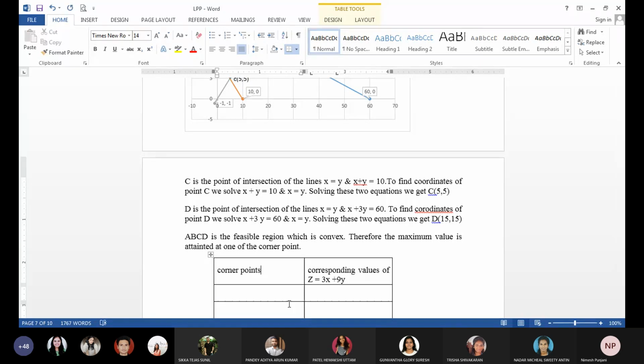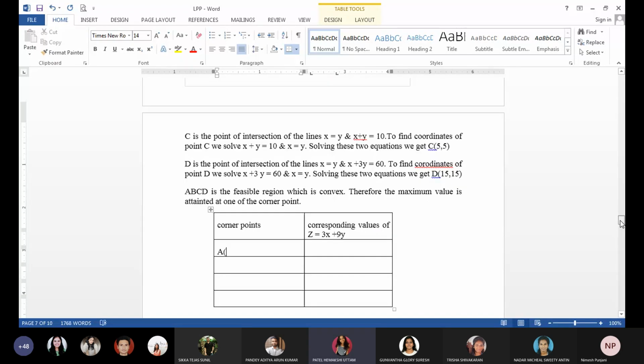So first, what were the coordinates of A? 0, 10.